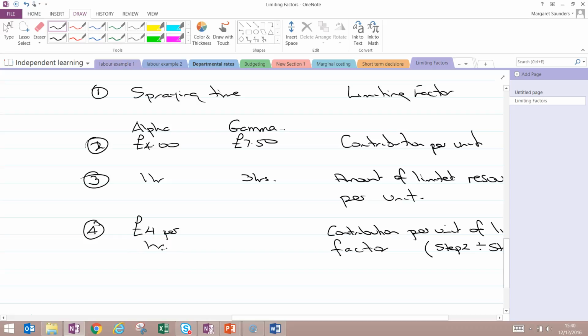And with the gamma, it is £7.50 divided by 3 hours, which gives us £2.50 per hour. So we're dividing the contribution per unit by the number of hours per unit.